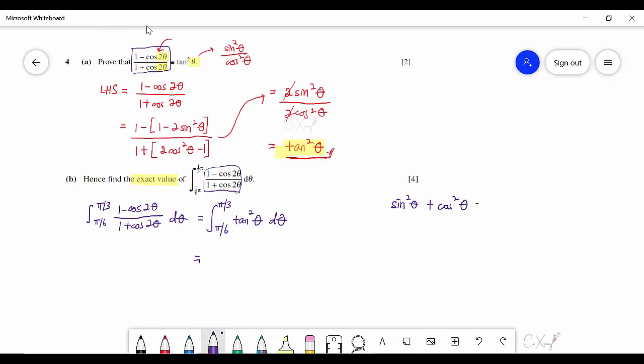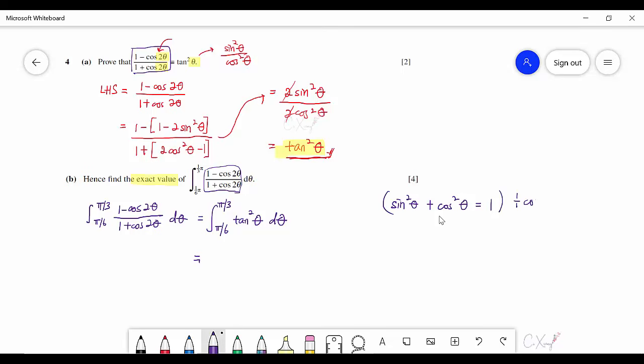For the identity related to tangent square theta, what I can think of is the basic identity cos square plus sine square equals 1. If I want to have tangent square, I need to divide the whole equation by cos square.